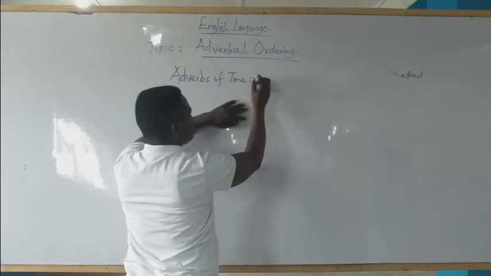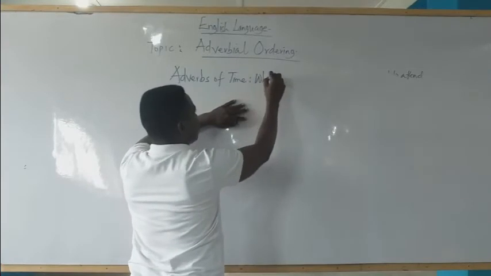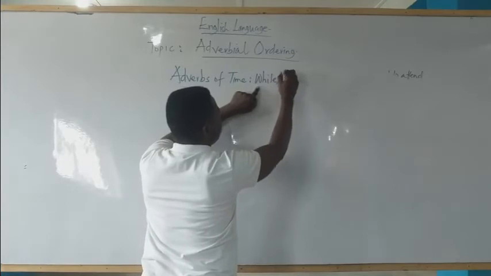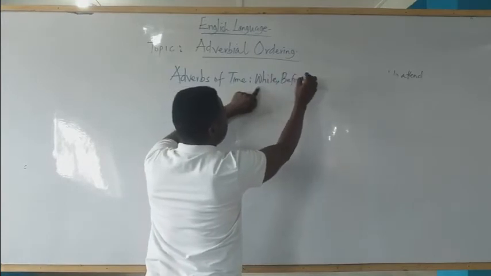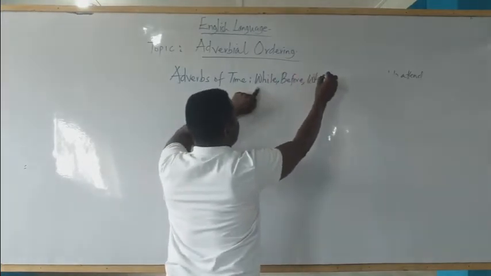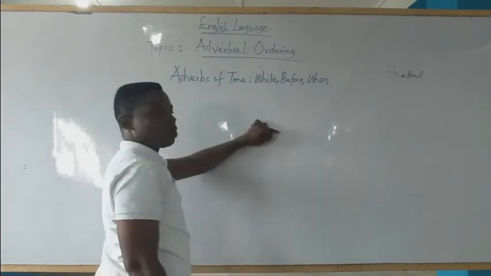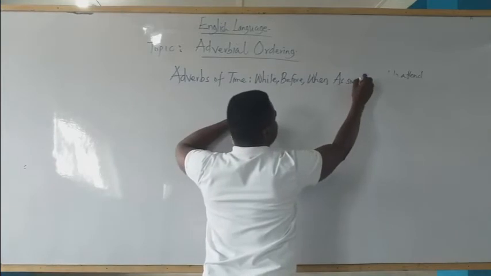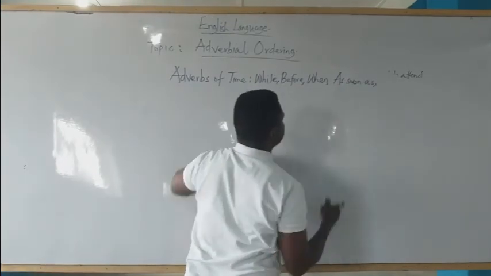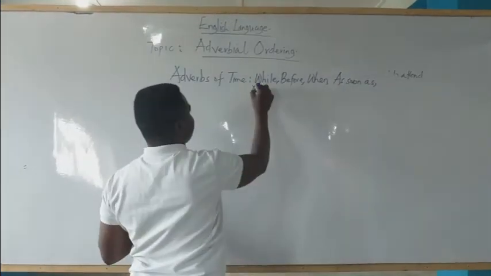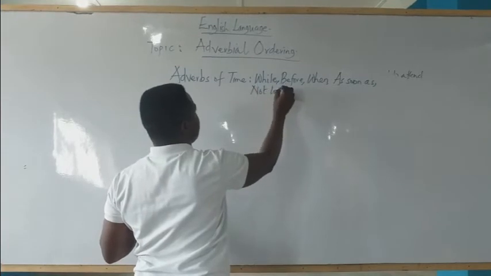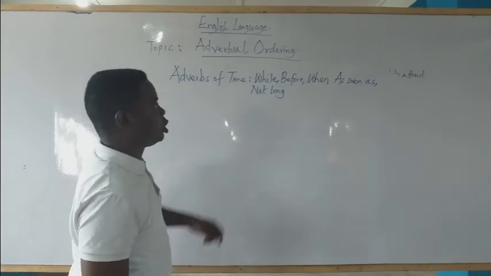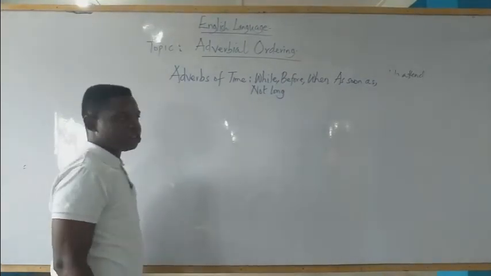The following words show time: we have why, before, when, as soon as, not long. These words show time in English.